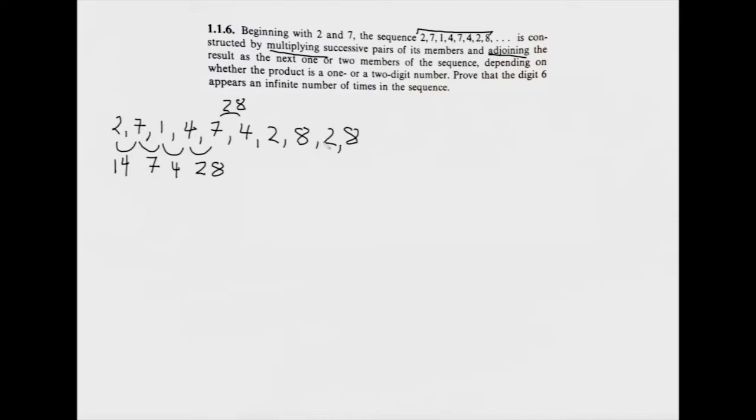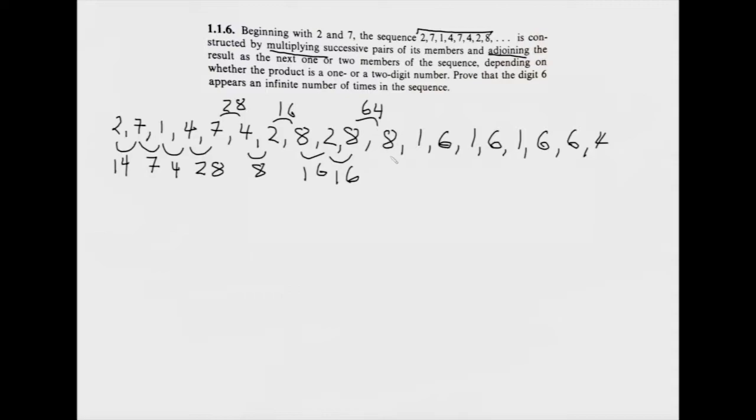I think you'll notice that you're not going to get a 6 until you multiply 2 and 8 together, but let's just keep going here. 4 and 2 is 8. 2 and 8 is 16. 8 and 2 is 16. 2 and 8, 16. 8 times 8 is 64. 8 times 1 is 8. 1 times 6 is 6. So that's 8 and 6.